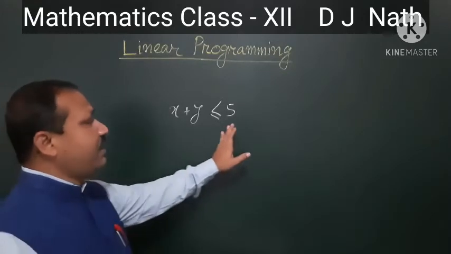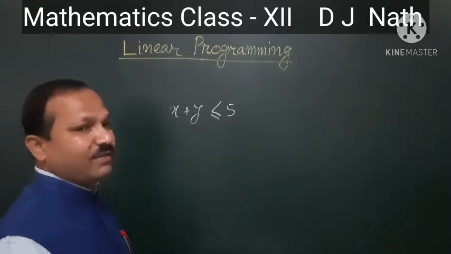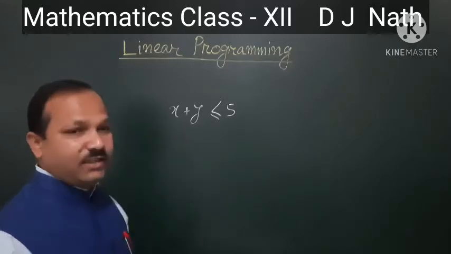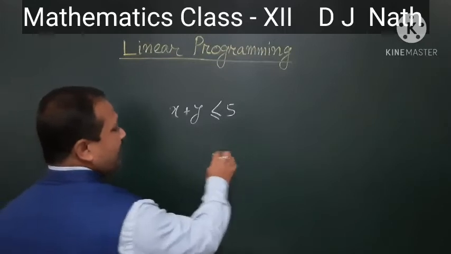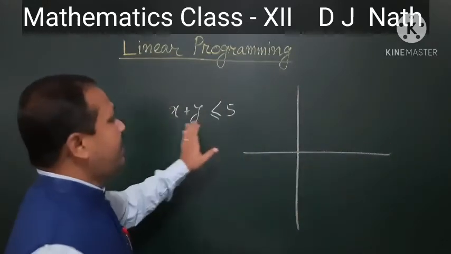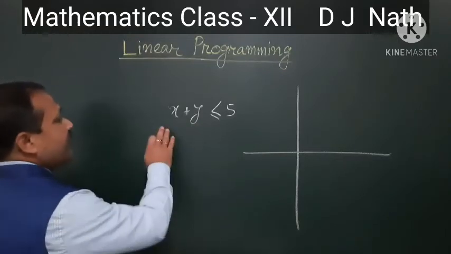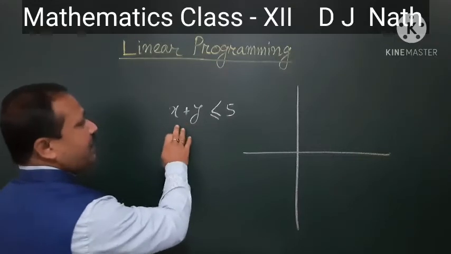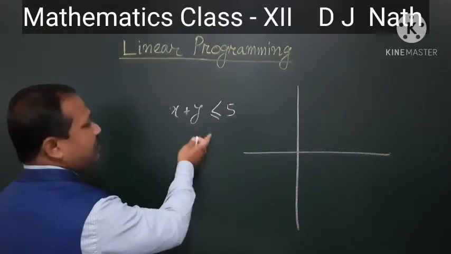Say x plus y is less than or equal to 5. How do we draw that graph and which side is the feasible region? Generally here x and y will be positive, because we are using these in daily life situations, so all are countable or positive things.